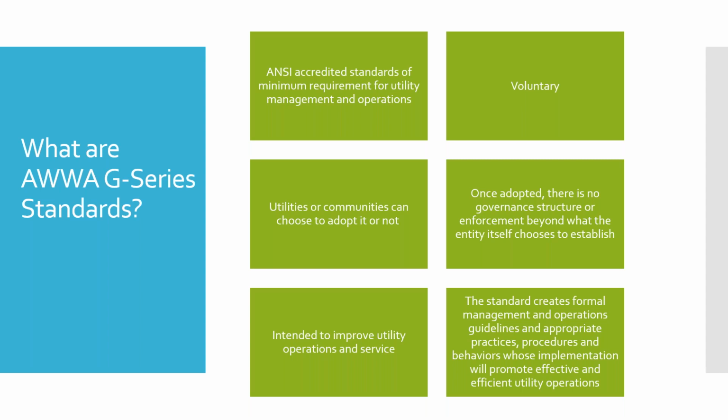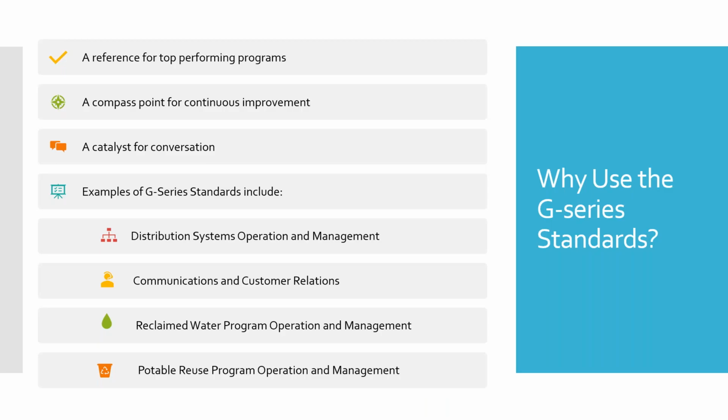What's unique about them is that they're completely voluntary. So a community can choose to adopt them or not. Once they are adopted, there's really no enforcement either. So it's something where you hold yourself up to this standard, and then you try to make sure the utility can follow that and maintain that. So let's go to the next slide.